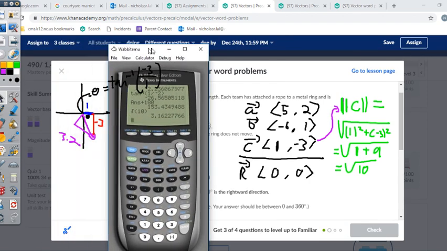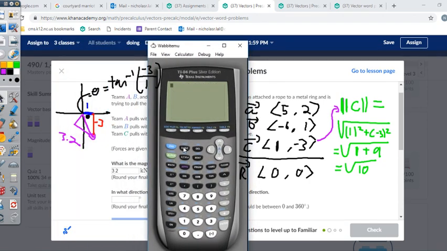So we can find the inverse tangent of, in degree mode, negative 3 divided by 1, which is going to be negative 71.56 degrees.